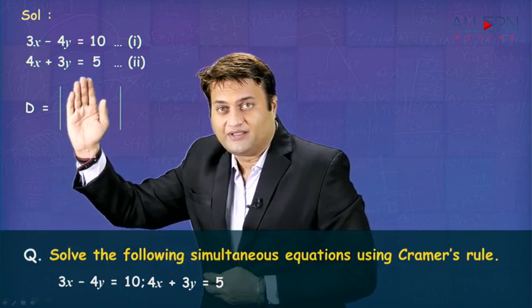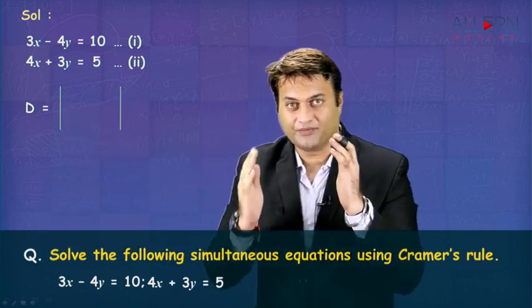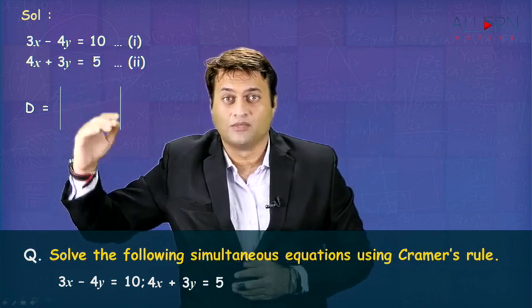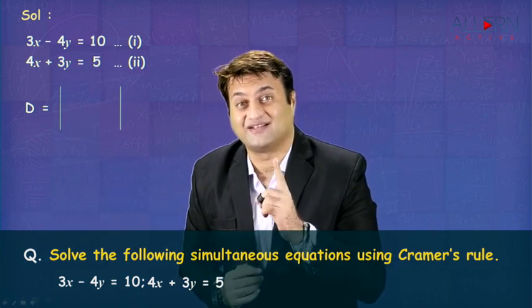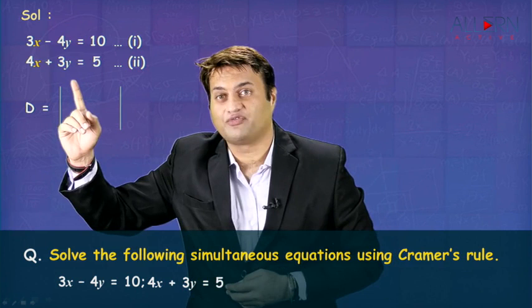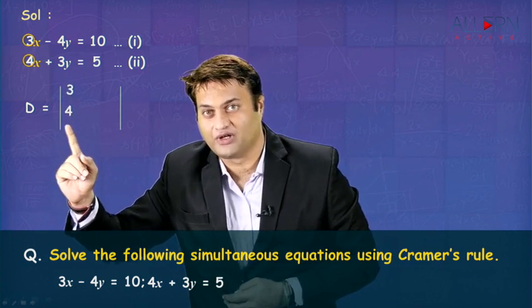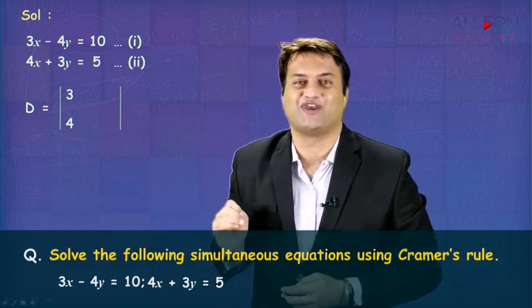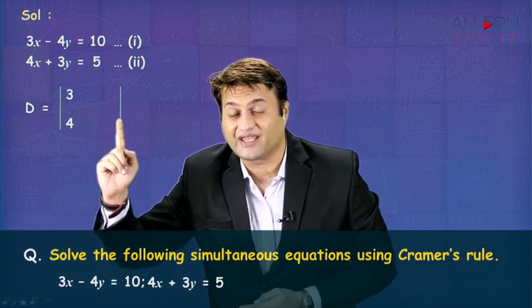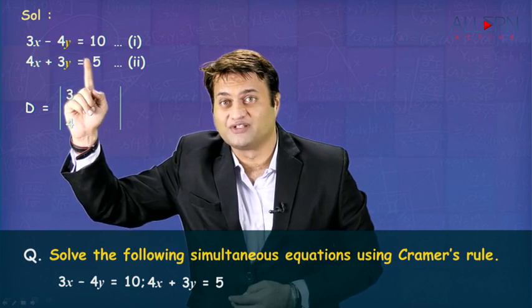Now, how do we form this determinant D? In determinant D, there will be 2 columns, right? The first column will have the coefficients of x. What are the coefficients of x here? 3 and 4. So in the first column, you will write 3 and 4, the coefficients of x. In the second column, you will write the coefficients of y.